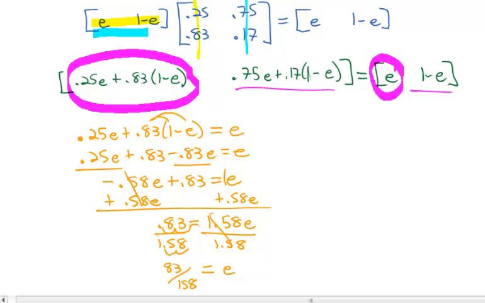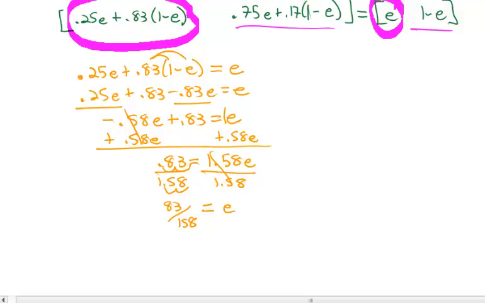Which means the other entry in the equilibrium is 1 minus e, or 1 minus 83 over 158. We need a common denominator. That's easy. That's 158 over 158. That equals 1. Minus 83 over 158.